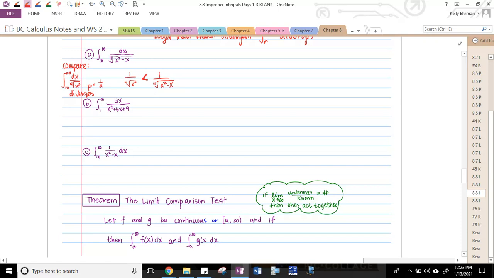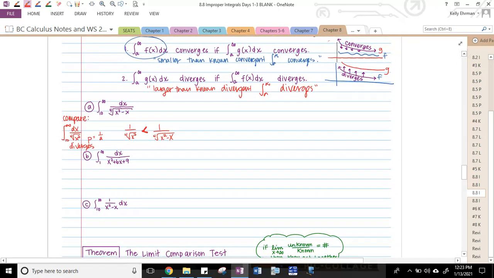Okay, so back to my picture, my smaller function, the one on the bottom is diverging, that's pushing up, that means the bigger function is going to diverge as well. Okay, so I would say that the integral from 10 to infinity of dx over the 4th root of x squared minus x diverges. I don't have to do any antiderivative or anything.